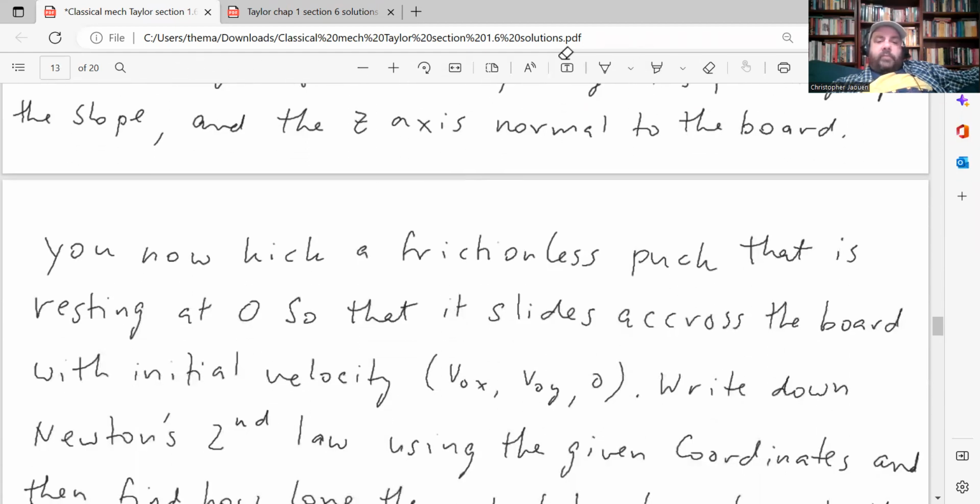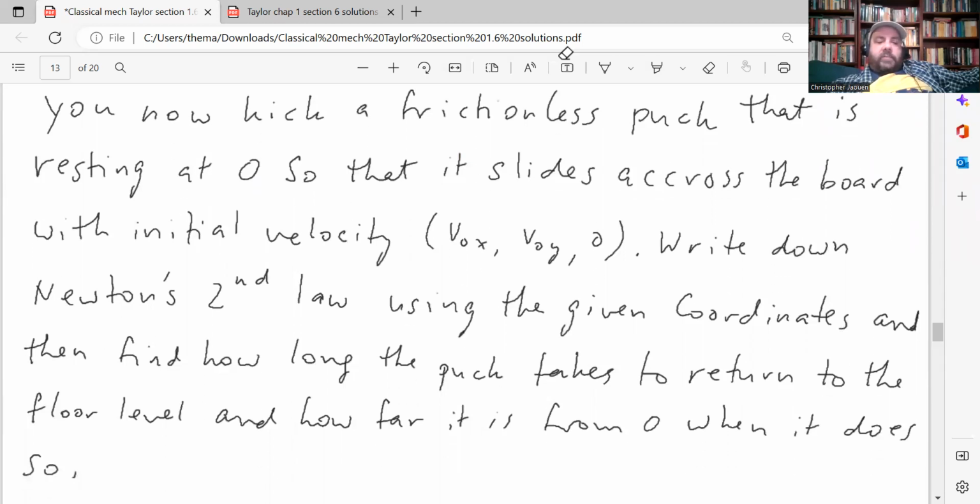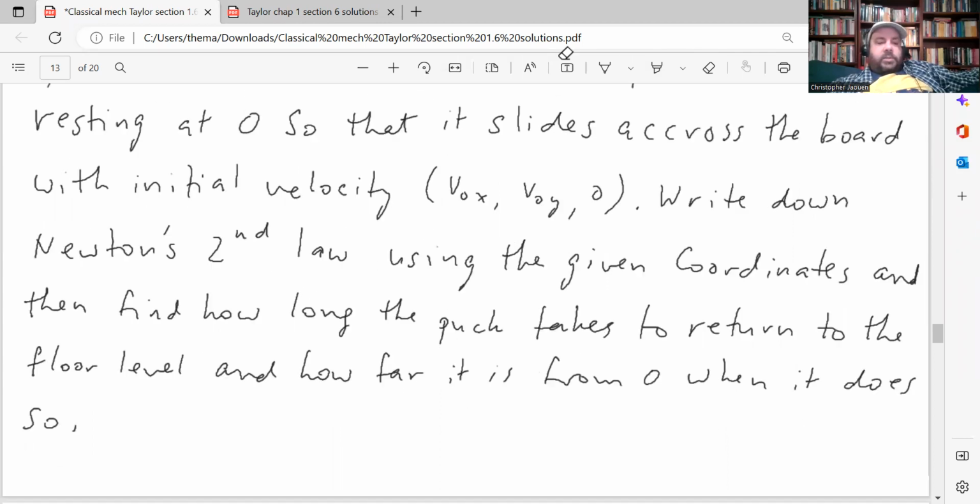You now kick a frictionless puck that is resting at the origin so that it slides across the board with initial velocity v0x, v0y, 0. Write down Newton's second law using the given coordinates and then find how long the puck takes to return to the floor level and how far it is from the origin when it does so.